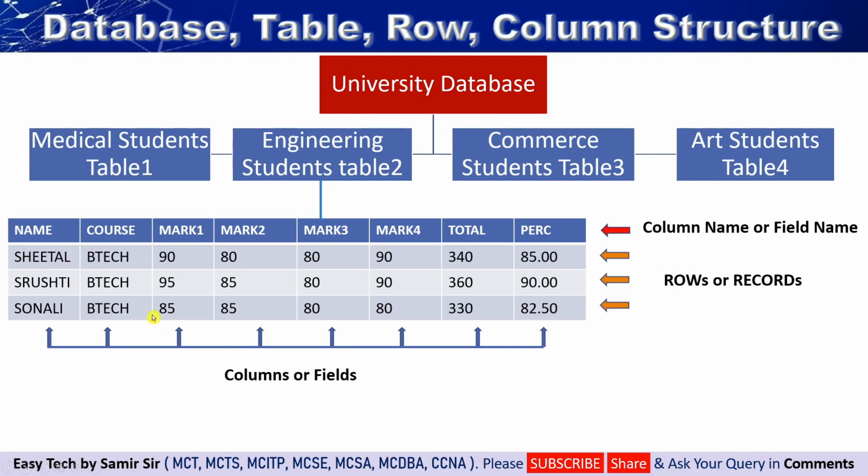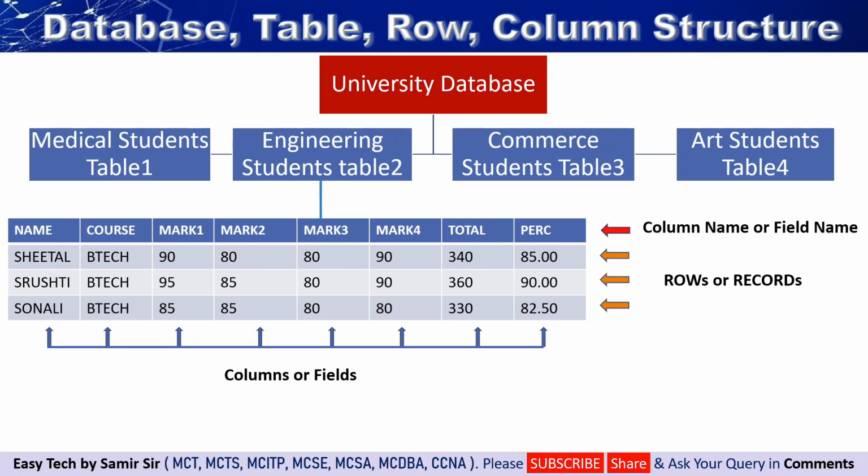Vertically, these are called columns, or also fields. When all these columns are combined together, they make one record. When all these records combine together, they make one table. When all these tables are combined together, they are saved under a database. So this is the basic structure of an SQL database.